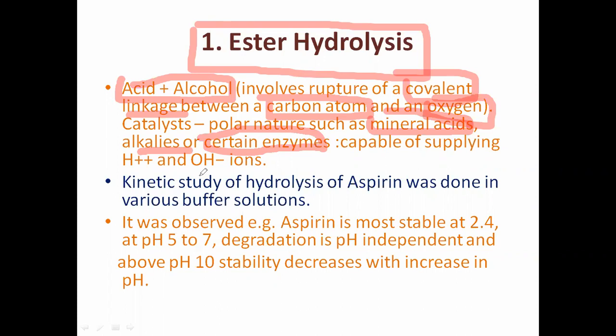Now, the kinetic studies of one of the drugs, that is aspirin, after hydrolysis show that when it was carried out in buffer solution, the final observation was that aspirin is more stable at pH 2.5, and at pH 5 to 7 the degradation is pH independent, and above pH 10 the stability decreases with increase in the pH.